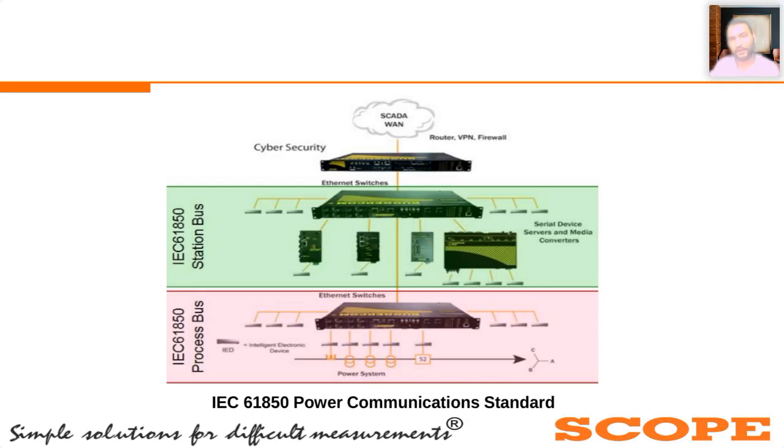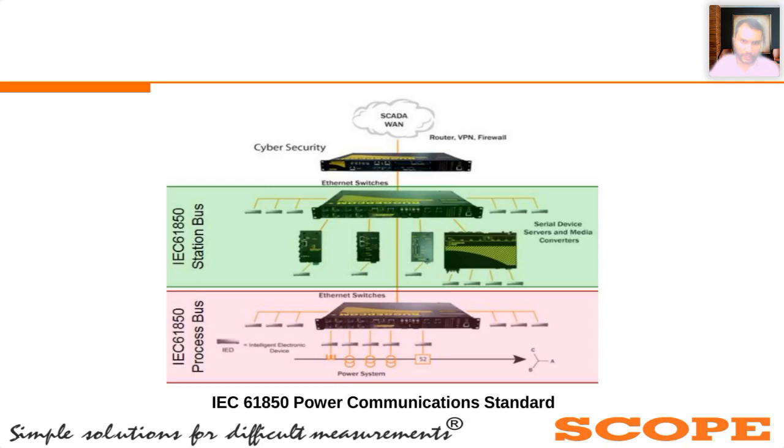Because with hardwiring there is wear and tear, and because of wear and tear the cables can get cut in between, so data losses will be there and the speed of transmission will be less. So all those advantages of data communication over data packets on TCP/IP will be applicable here if you go for a process bus based architecture.